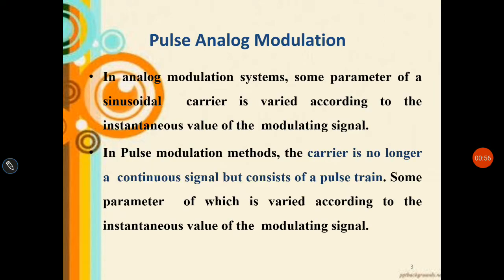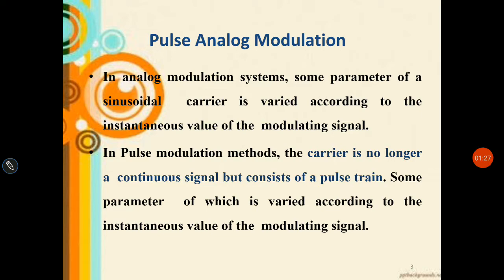Pulse analog modulation. In analog modulation system, some parameter of a sinusoidal carrier is varied according to the instantaneous value of the modulating signal.